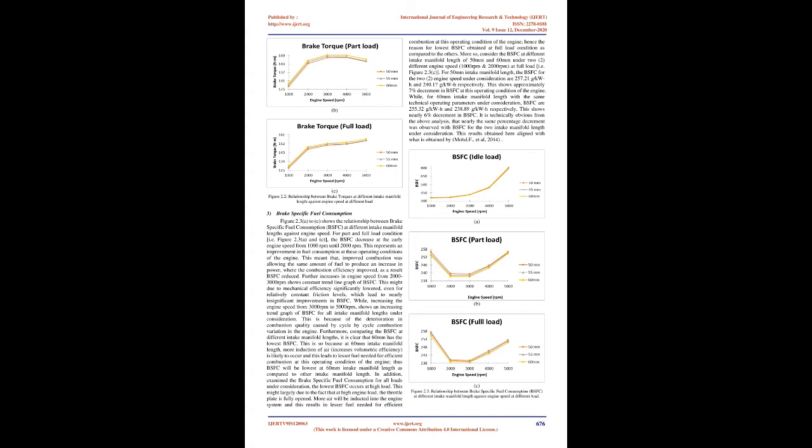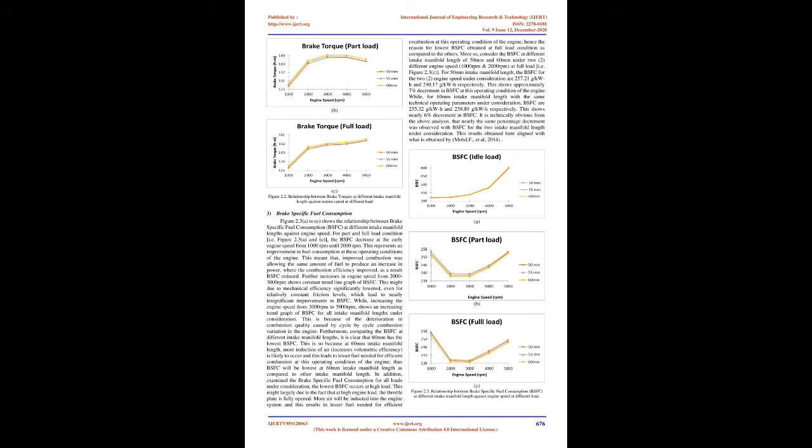Figure 2.2 c. For 50 mm intake manifold length, the BT for the two engine speeds under consideration are 127.45 Nm and 154.93 Nm respectively. This shows approximately 18% increment in BT at this operating condition of the engine. While for 60 mm intake manifold length with the same operating parameters under consideration, BT are 128.66 Nm and 155.39 Nm respectively.